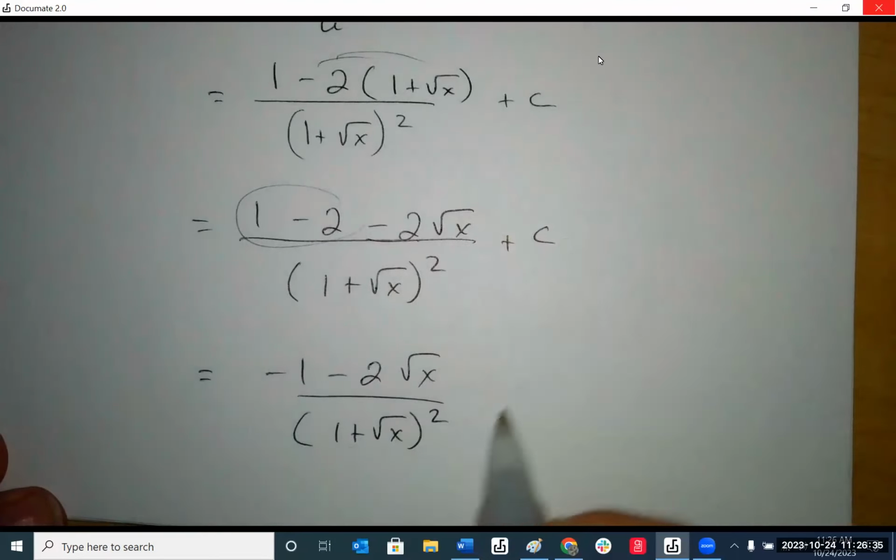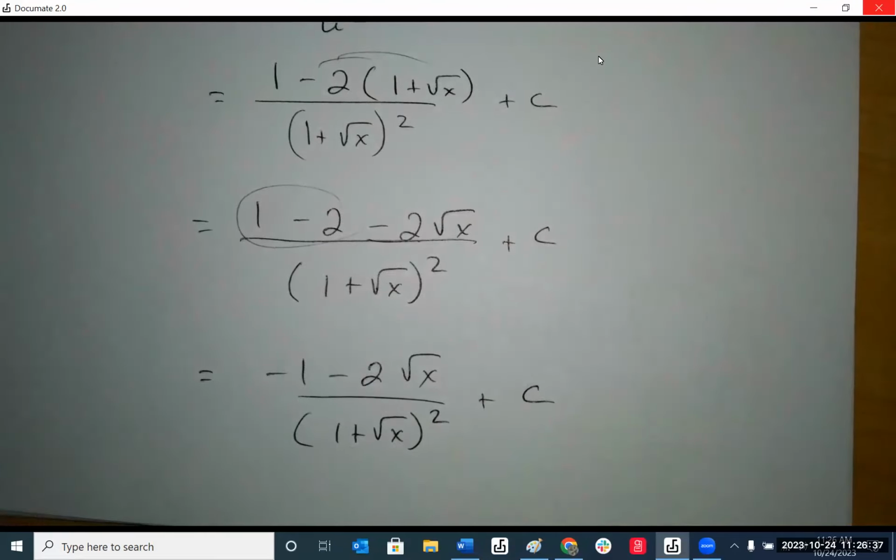Oh, plus c. I was thinking it backwards. I was taking derivatives instead of the integrals.